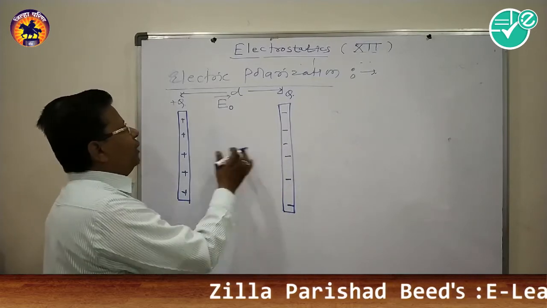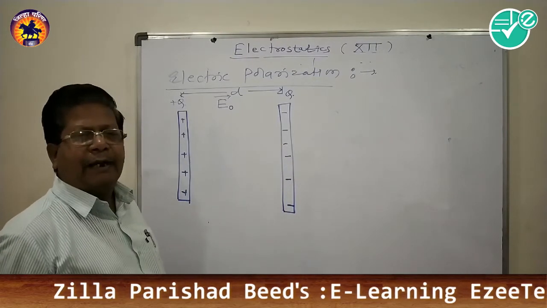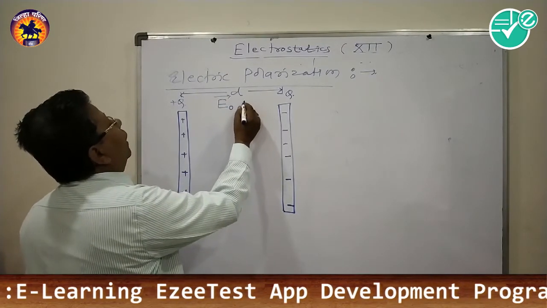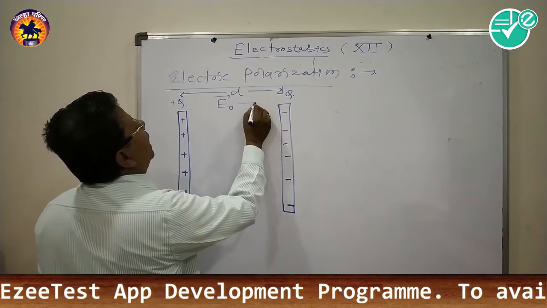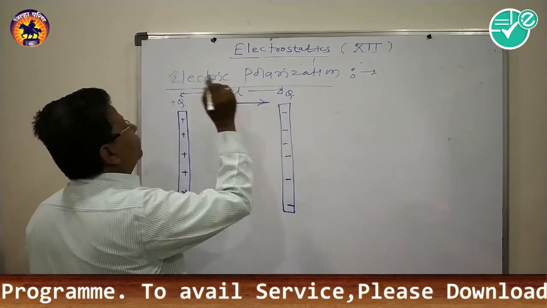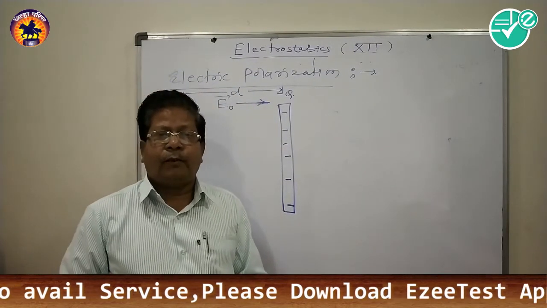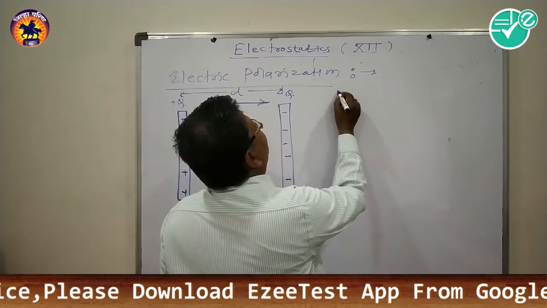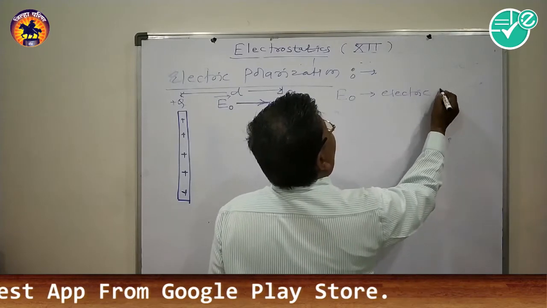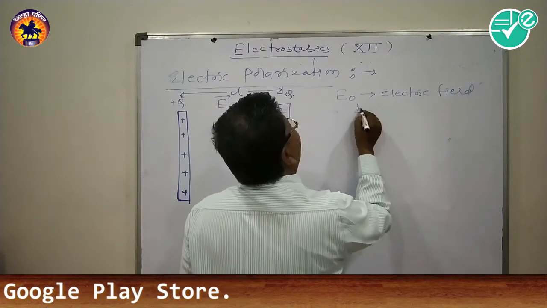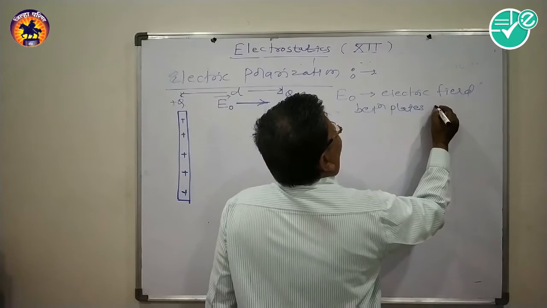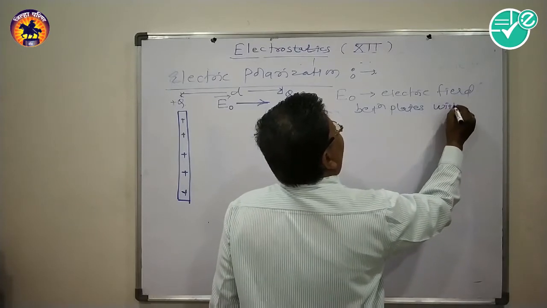That means between two plates a medium present which is air, and therefore this electric intensity between the two plates is directed from positive plate to negative plate. So here E0 is the electric field between plates with air.